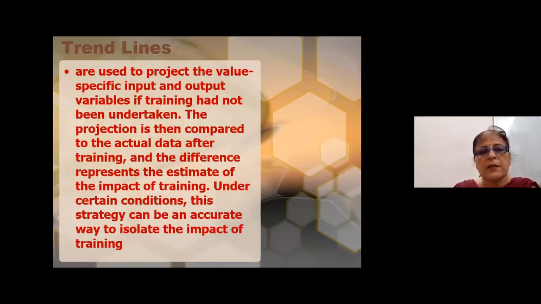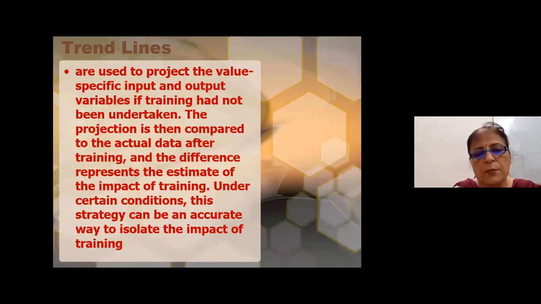Then trend lines are actually used to project the value of specific input and output variables. If training had not been undertaken, like we assume training was not undertaken, then what specific inputs and outputs would there have been? The projection is then compared to the actual data after the training. So before the training, how much input and output was there, and after the training.